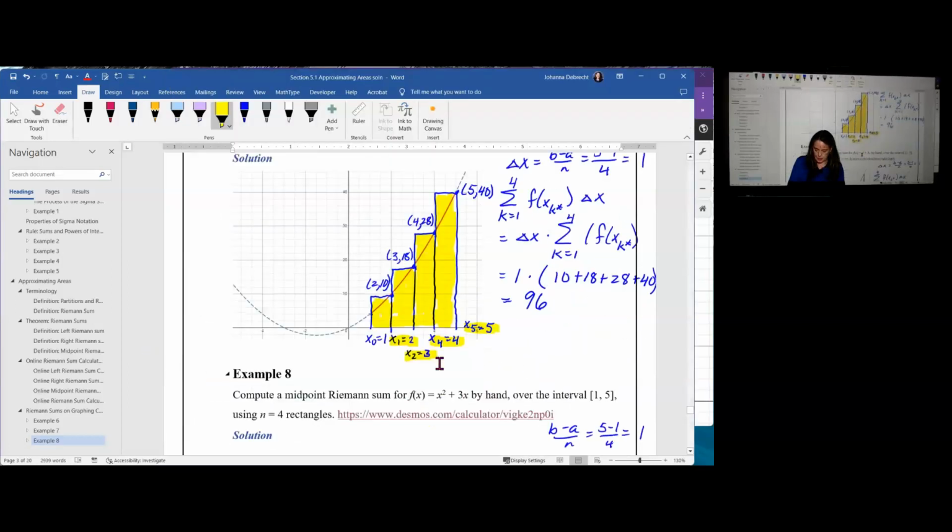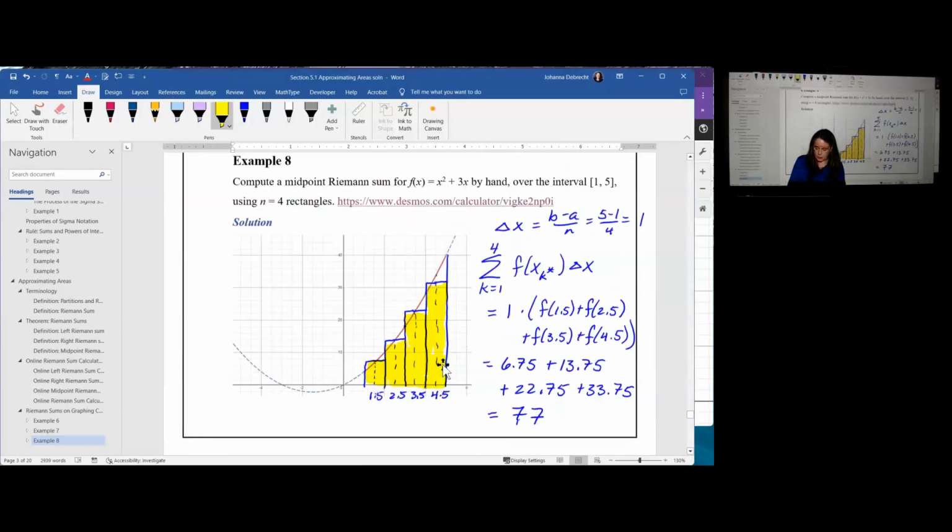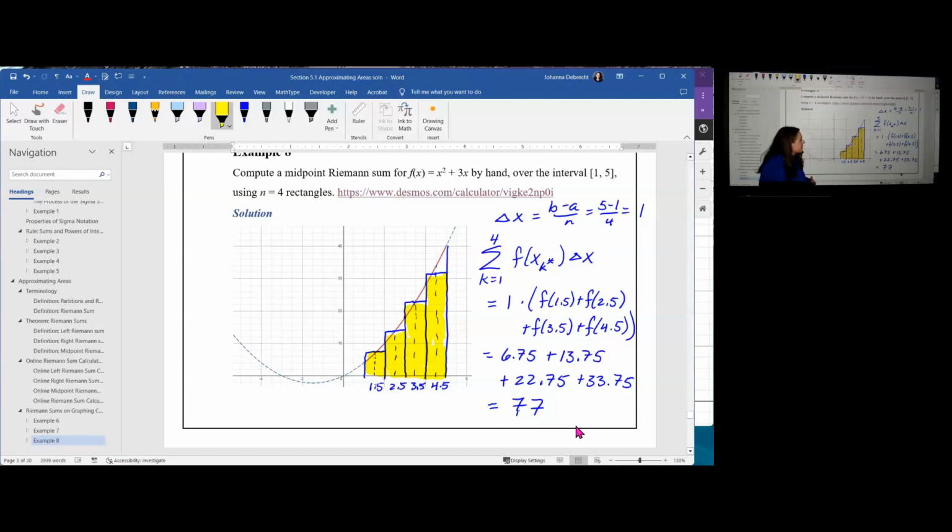Let's now look at the midpoint. The midpoint Riemann sum, again, the width of the boxes is the same. It's going to be the width of the interval, 5 minus 1, divided by the number of boxes, 4. All that changes is the location where we compute the height of the box. In this case, we're going to use the middle of each of the partitions, 1.5, 2.5, 3.5, and 4.5.